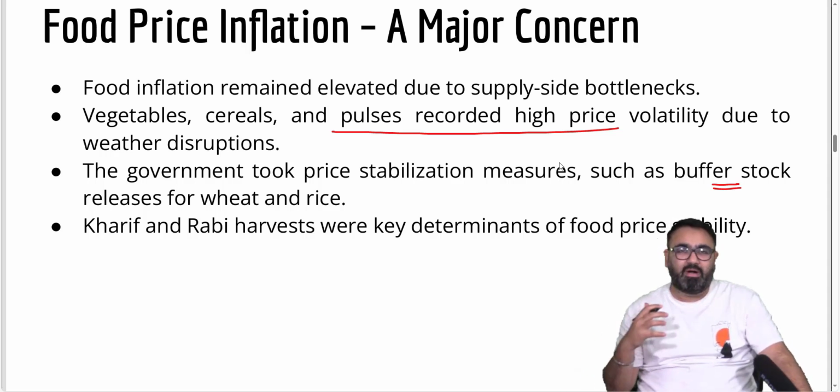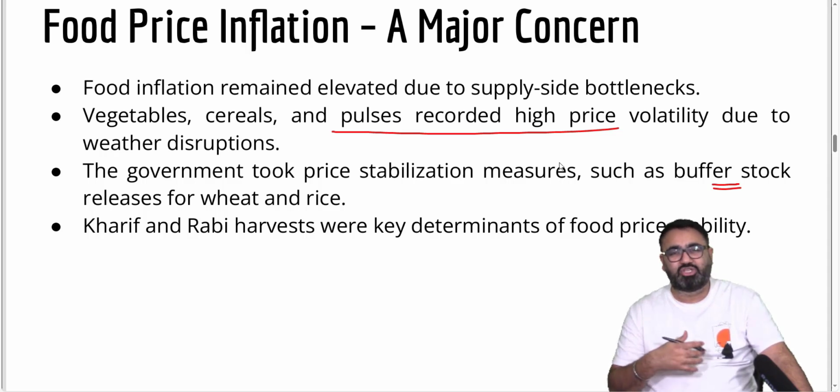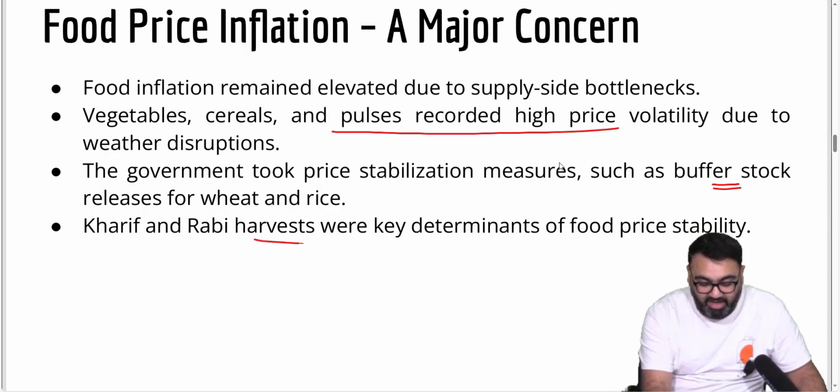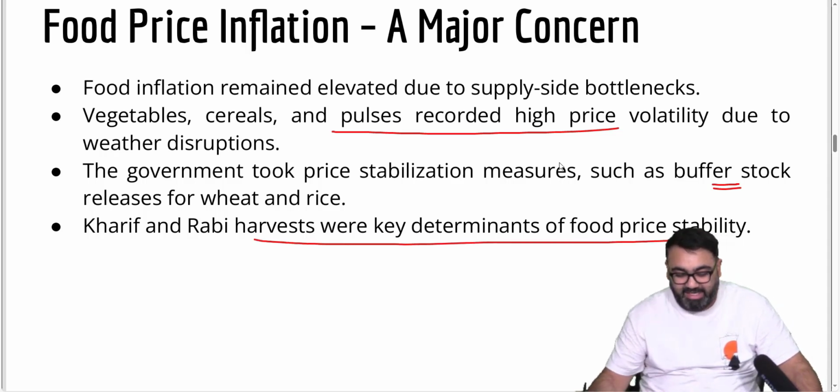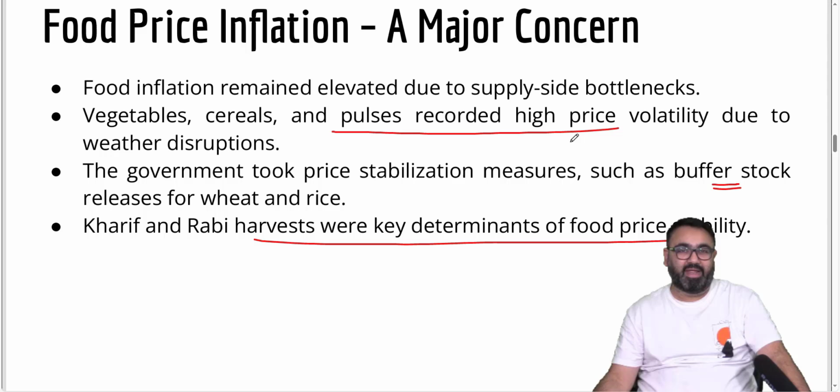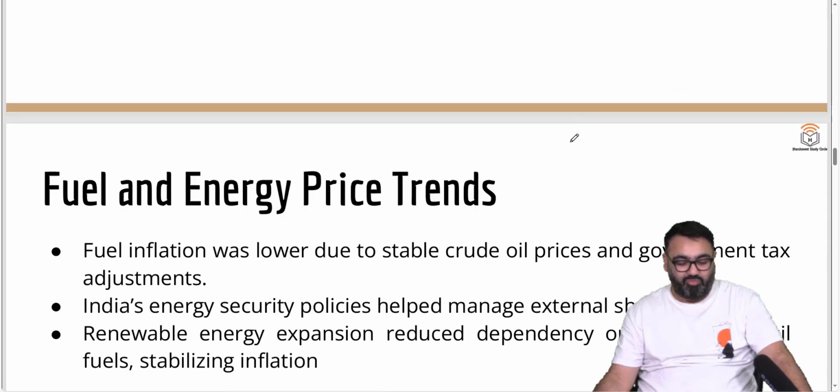You can have a buffer stock for products that have a long shelf life, such as rice and wheat. But perishable products such as vegetables and fruits can't be stored for a long time, and that is why controlling prices of those food items becomes a very challenging task. Kharif and Rabi harvests were also key determinants of how the prices would be. So we struggled a bit on the food front.